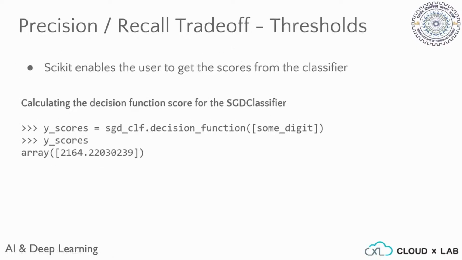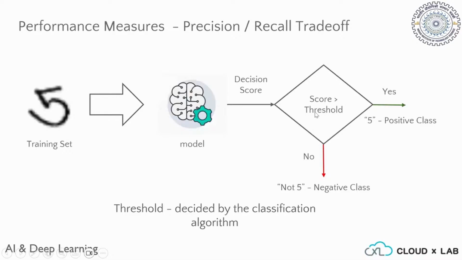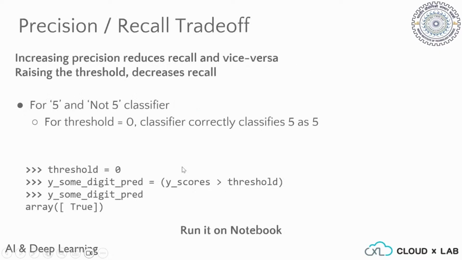Okay. Now if this score is positive, it means the positive class. If the score is less than 0, it means the other class, right? So in this case, what threshold are we using? The threshold we are using is 0, right? If the score is greater than 0, it means positive. If the score is less than 0, it means negative class, right?